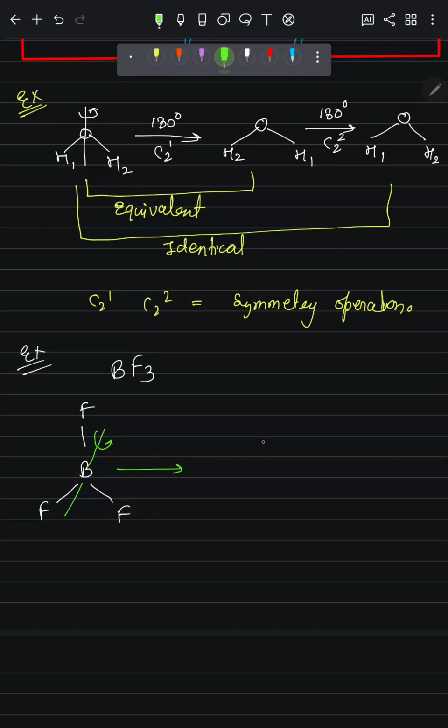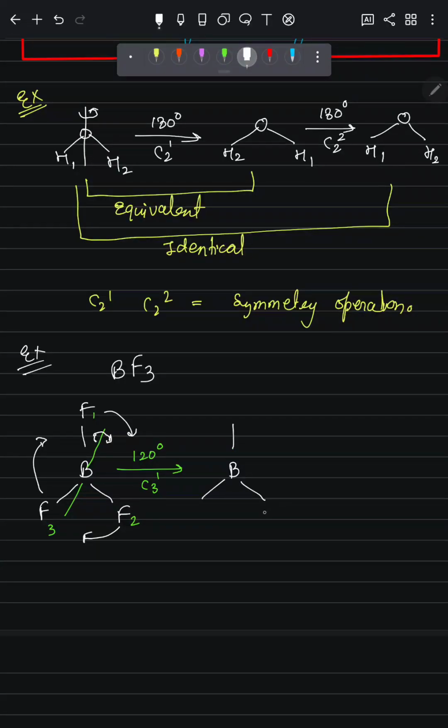If we label the fluorines F1, F2 and F3, then after C3 1, a 120 degree rotation, the boron will be in the center and each fluorine turns to the next position if you rotate in this direction.